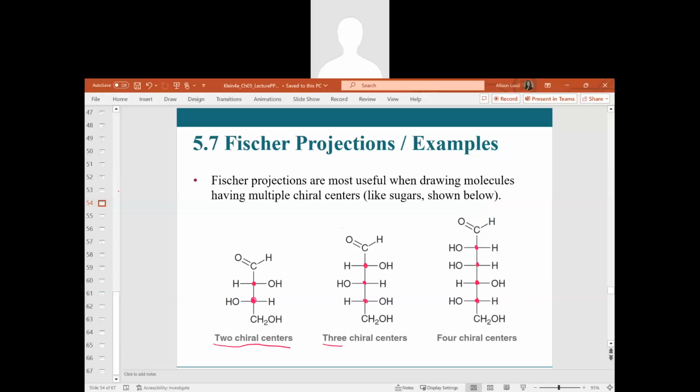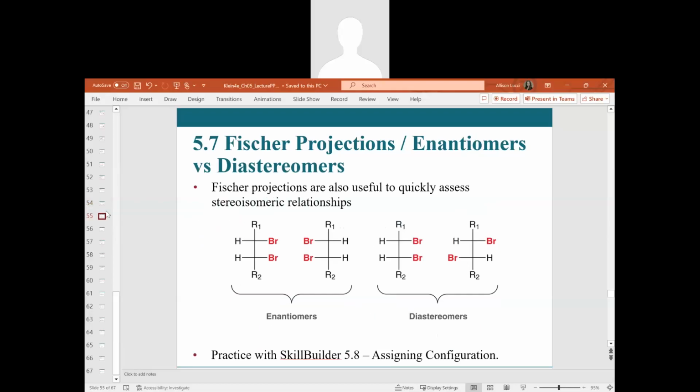It's easier to keep track of our structure and to draw the chiral centers if we just use this crisscross line pattern, because it's more time consuming to have to draw those wedges and dashes.